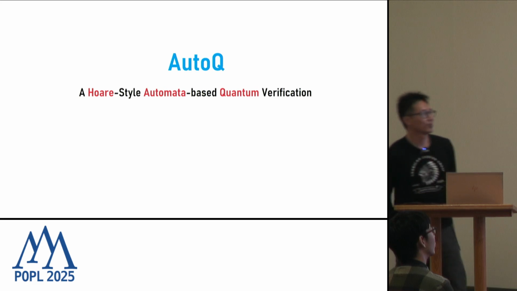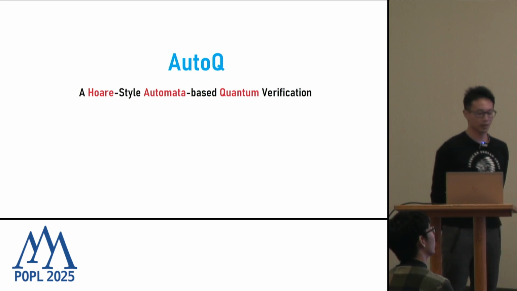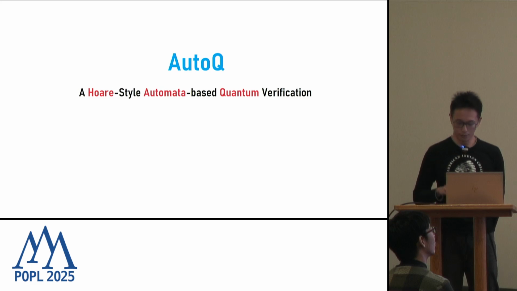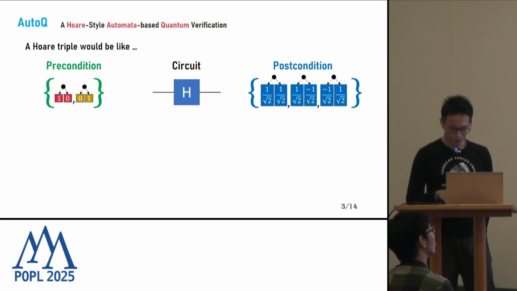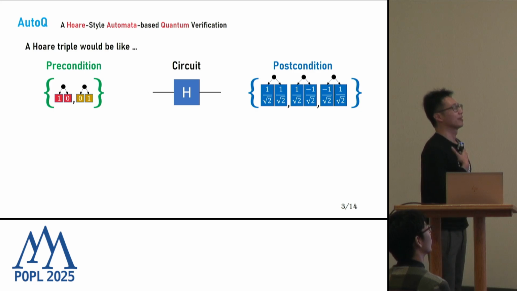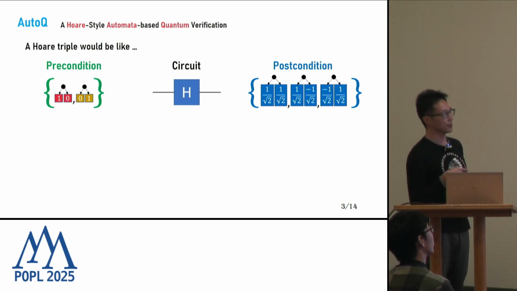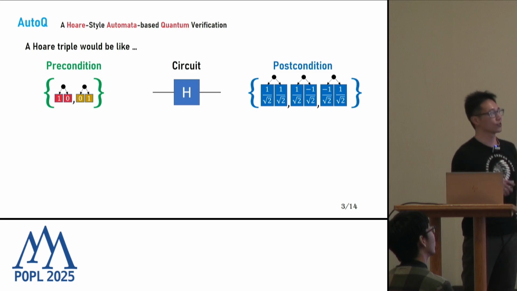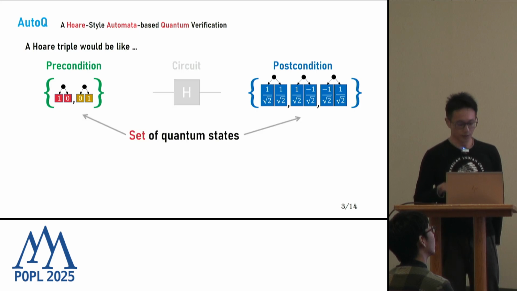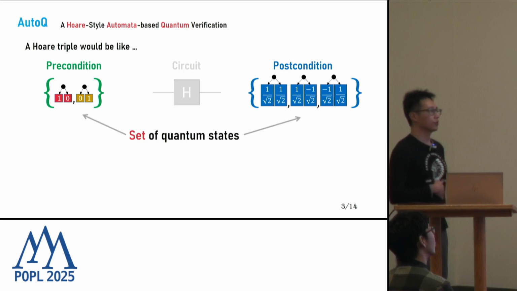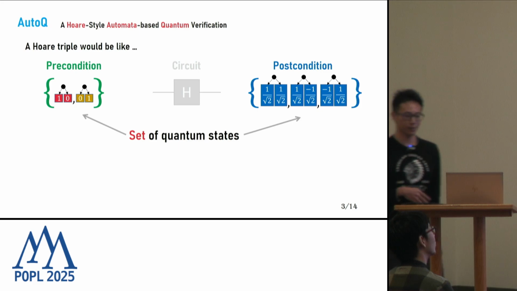Now let me introduce the AutoQ framework, a Hoare-style automata-based quantum verification framework. As usual, a Hoare triple consists of a precondition, a quantum circuit that we want to verify, and a postcondition. In AutoQ, the pre- and postconditions are sets of quantum states.